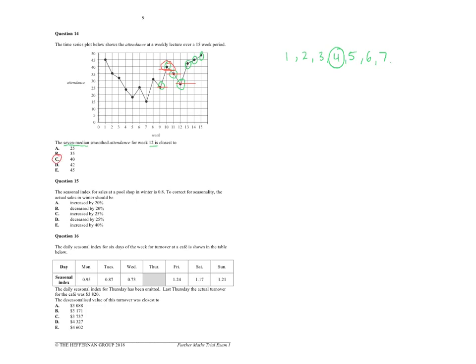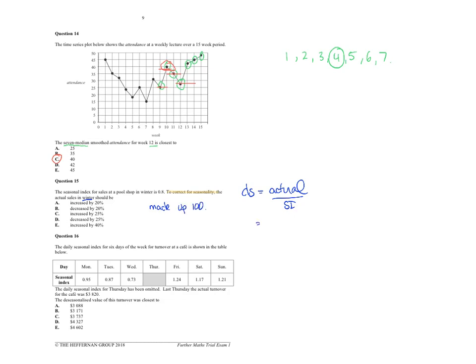Okay, in question 15, when we see this correct for seasonality, that is just another way of saying deseasonalized. So if you write deseasonalized is actual divided by seasonal index. So what should you do if you want to deseasonalize the sales in winter? Well, we haven't been given an actual, but if I made up an actual, and I'm going to make up 100 so that I can see.